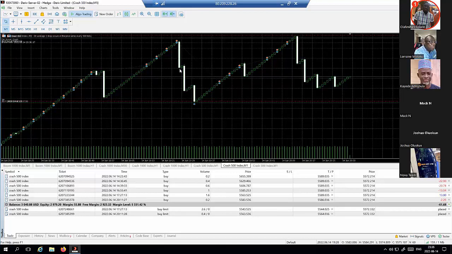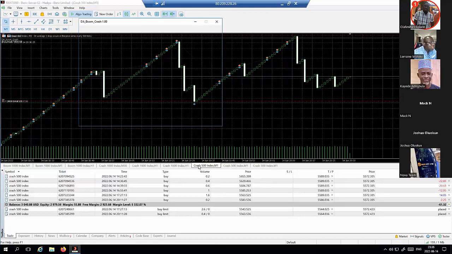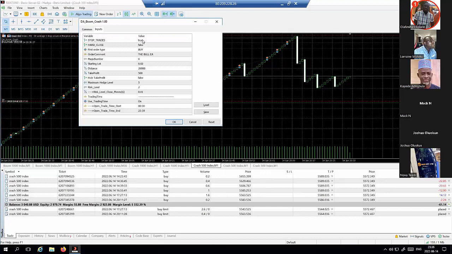So my advice is that once you see 1.6, second to the last one, you have to come to the Magic 0 chart and change stop trade to true. And on the mobile phone, most of the time I do this, because you can install your server, your everything on your mobile phone.